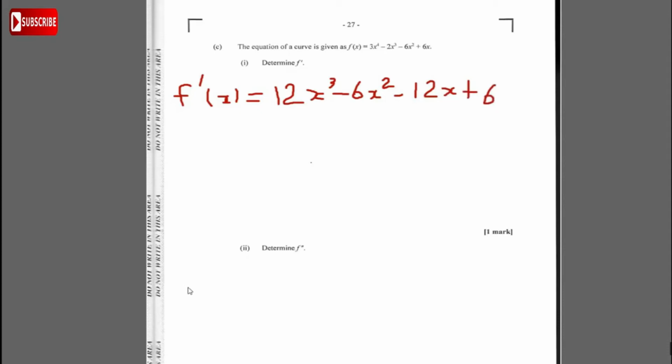Right here it says determine the second derivative. The second derivative is f double prime of x. f double prime of x is going to be equal to, when we differentiate 12x cubed, you're going to get 36x squared.